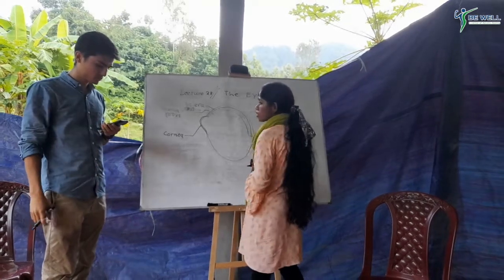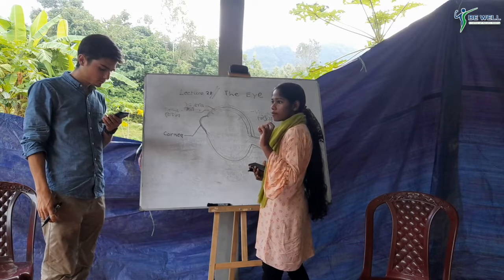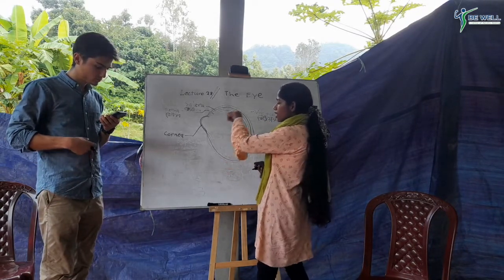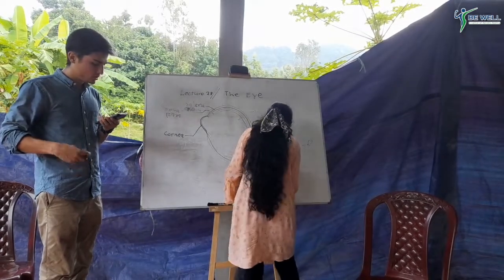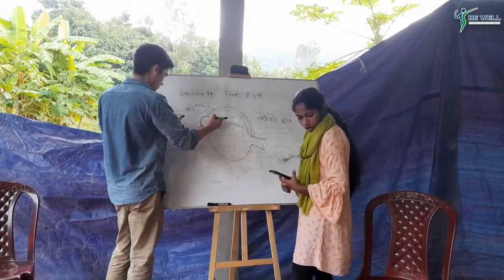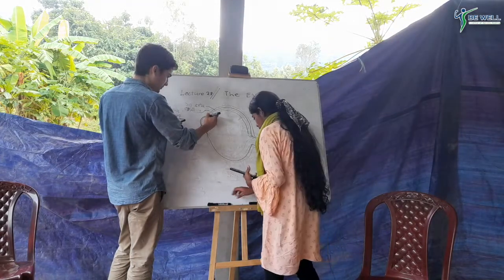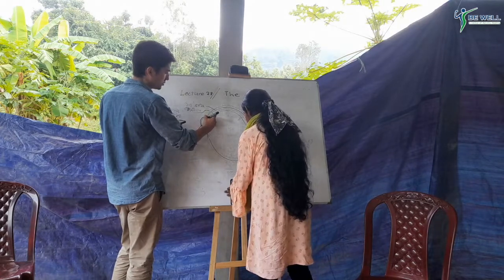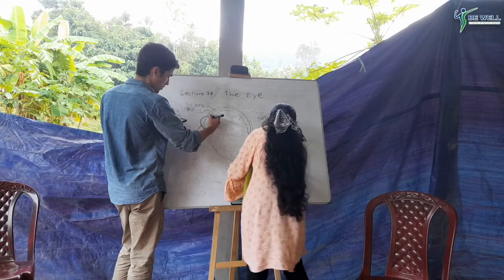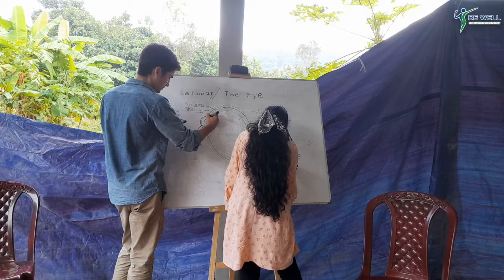The next thing we see inside here is a little space. We call this the anterior space, but you don't need to know that. But what you do need to know is the iris.